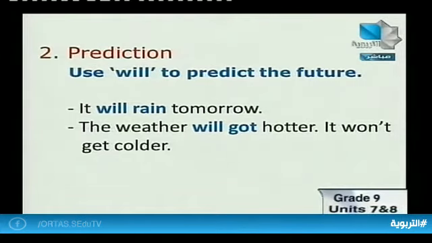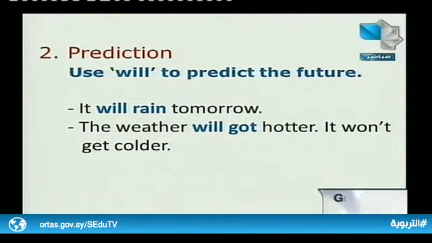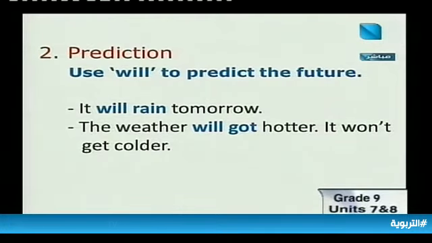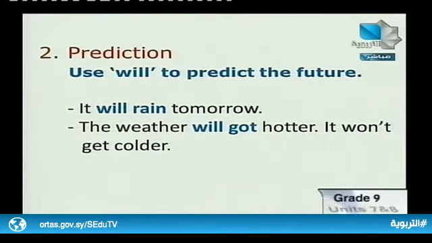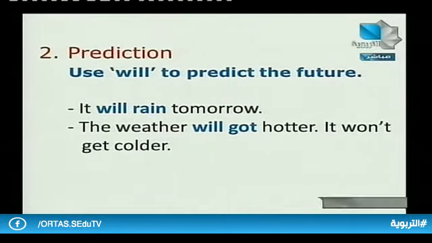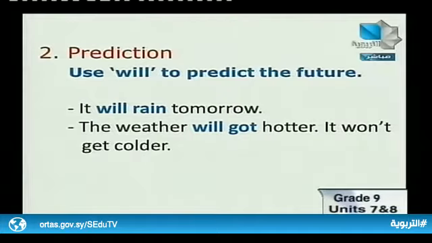And in these two situations, we can use will in the negative form, or for asking questions. As I said, if we want to make it negative, we have to add not. It won't rain tomorrow, for example. Will not becomes won't in short form. That's all for future with will.